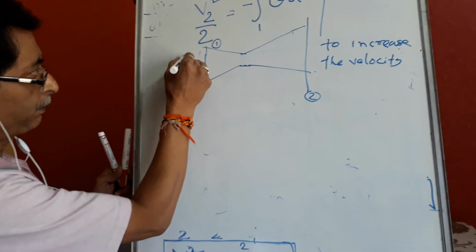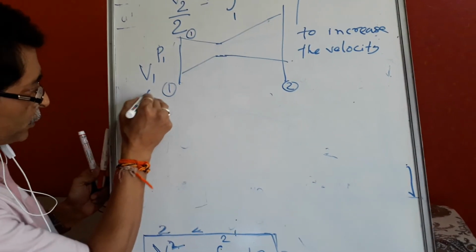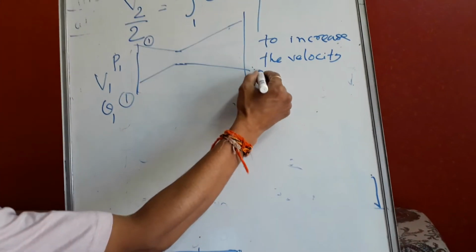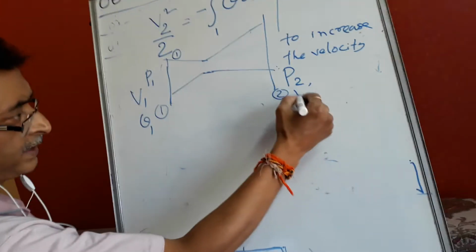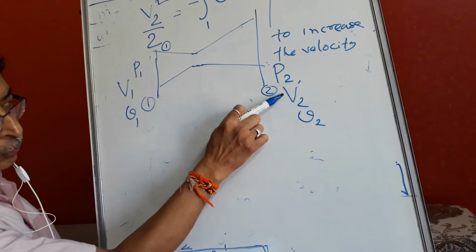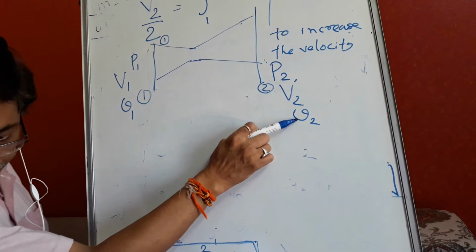What is the pressure at 1? P1. What is the velocity at 1? V1. Small v1 means the specific volume. At the exit, the pressure is P2, the velocity is V2, and the specific volume is small v2. So capital V2 is the velocity and small v2 is the specific volume.